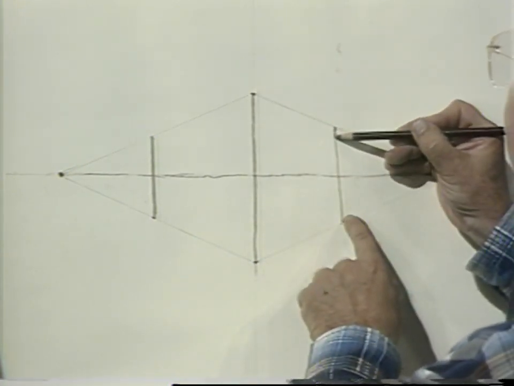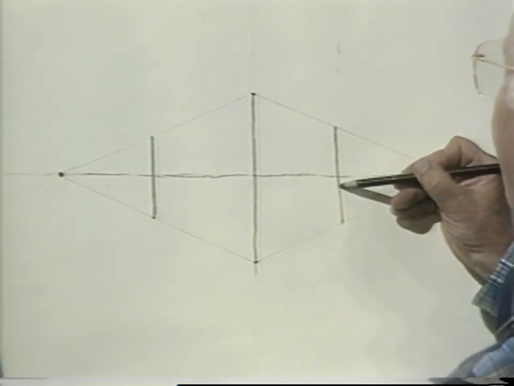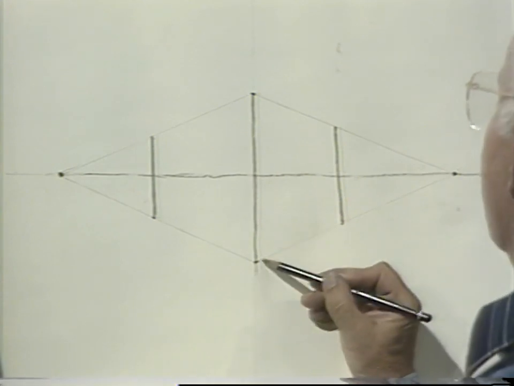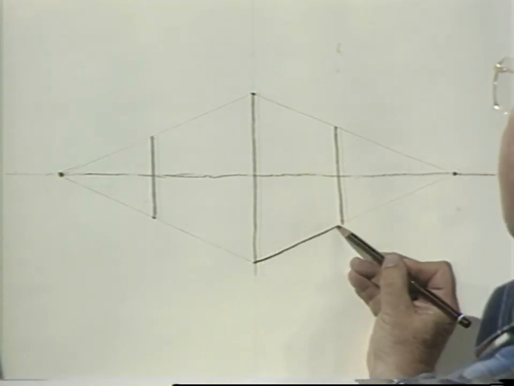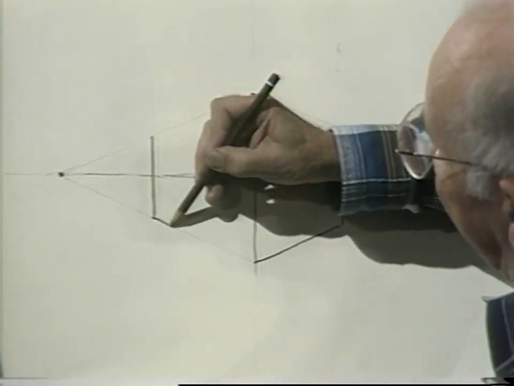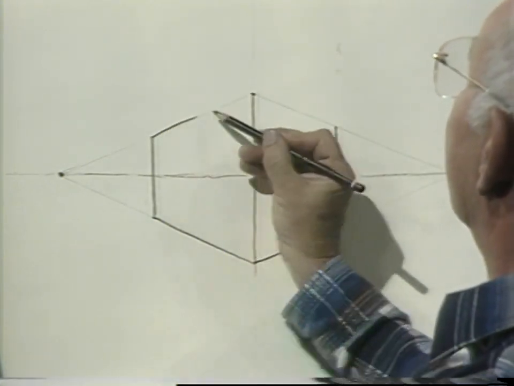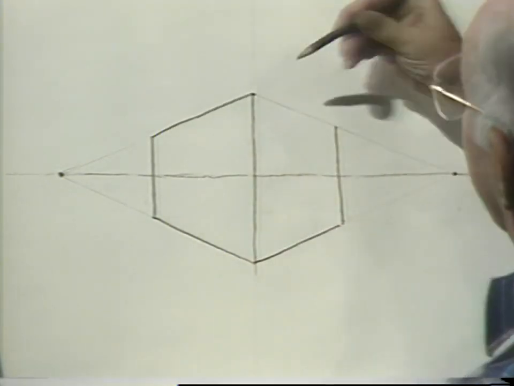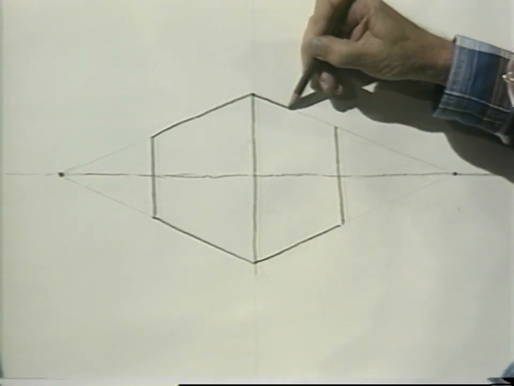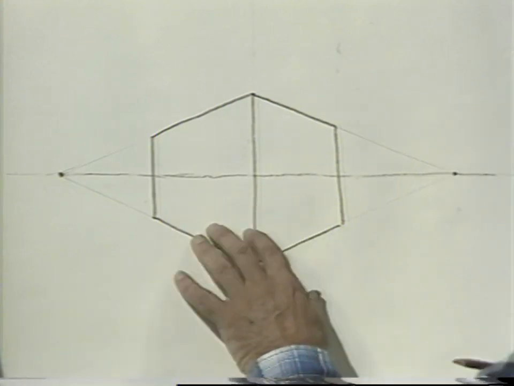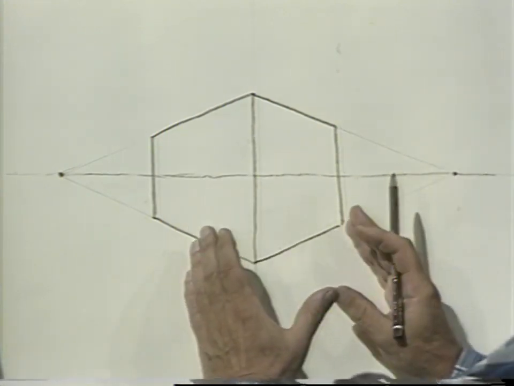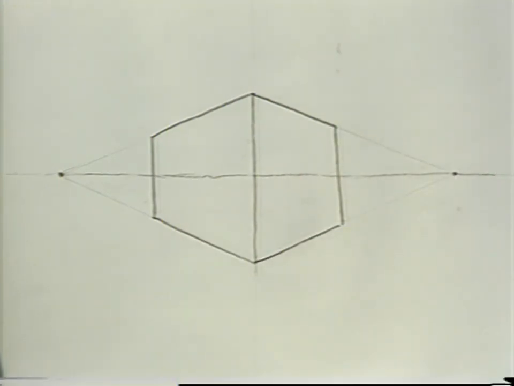And here is the other faraway corner of the building. And if I darken these lines, you can see that I have the construction of a block or a building or any object that is in this proportion.